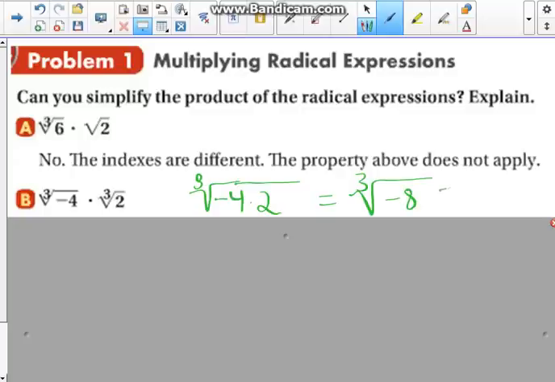And we know that that's going to be equal to negative 2. And we don't use absolute value symbols because this was an odd index.